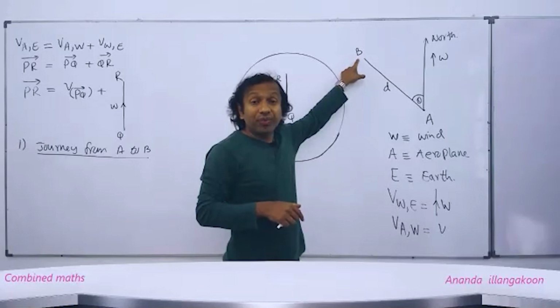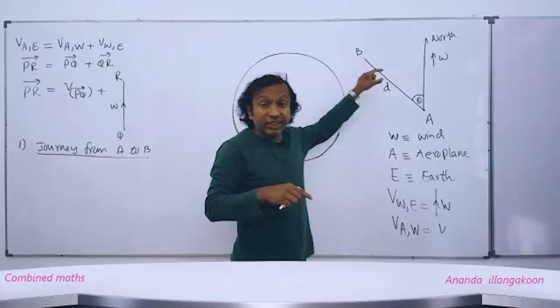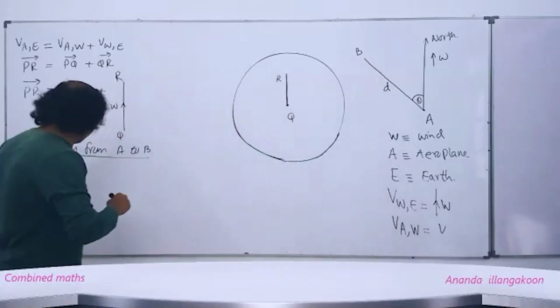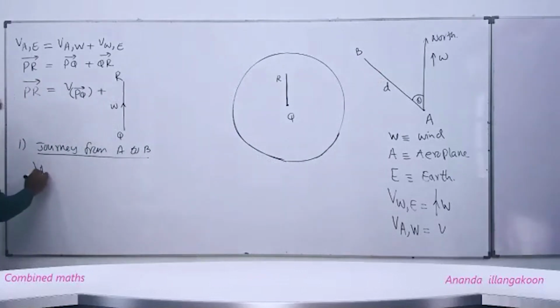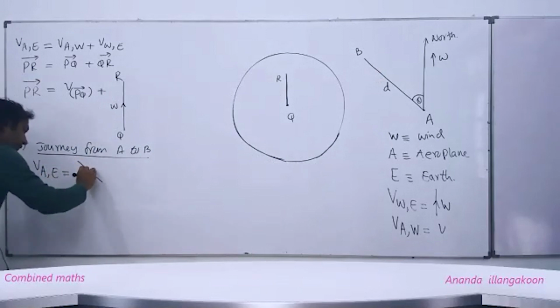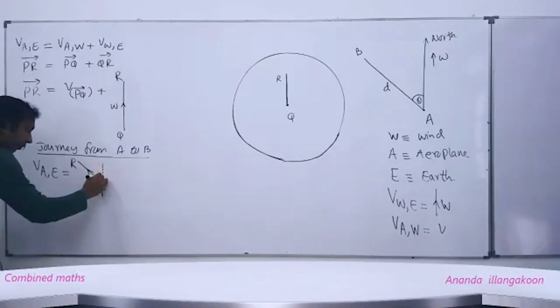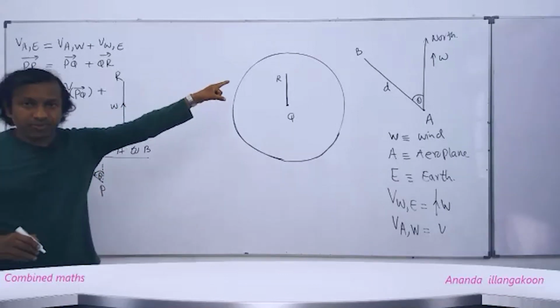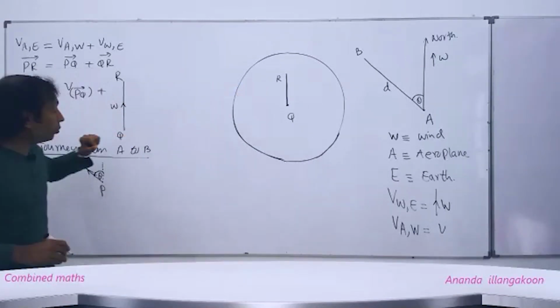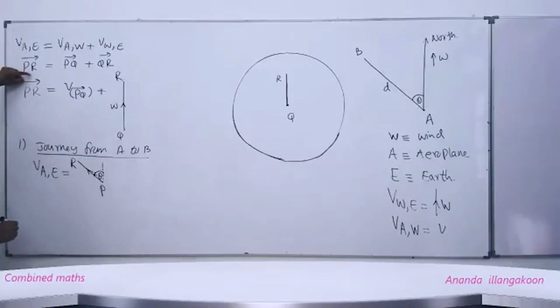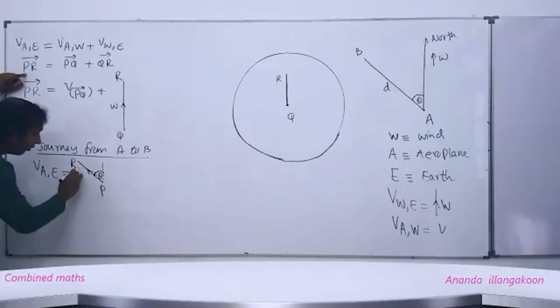Resultant velocity means the velocity of the aeroplane relative to Earth, which should point this way, P and here R. Then only it can move toward its destination B. That is given by PR, so this time I'm going to call this PR1.